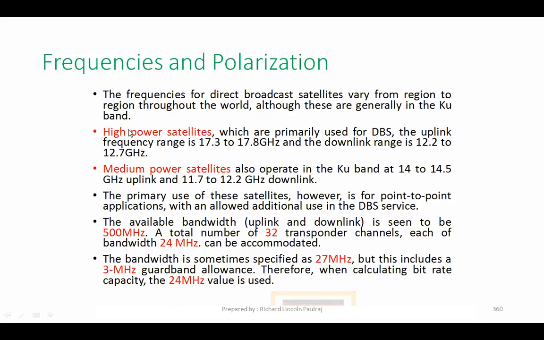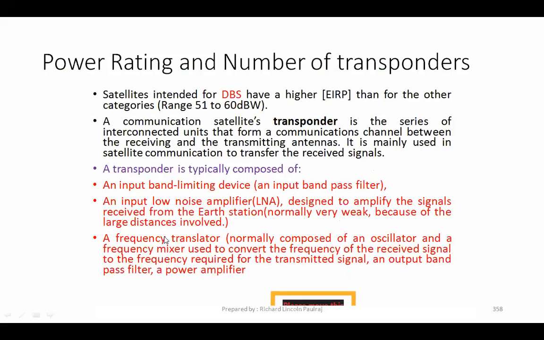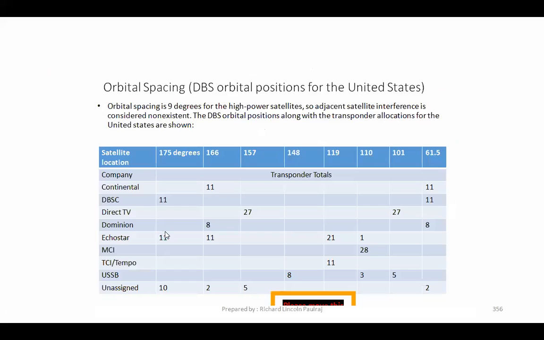So as you all know, there are different types of satellites based on their power requirements: high power, medium power, and low power. Okay, so those three are the main types of transponder power utilizations. And here you can just check.